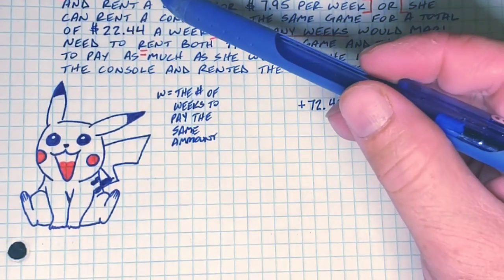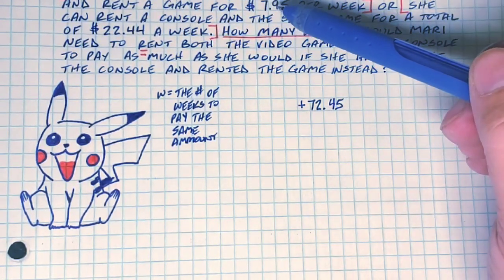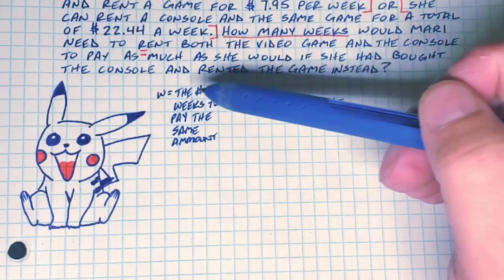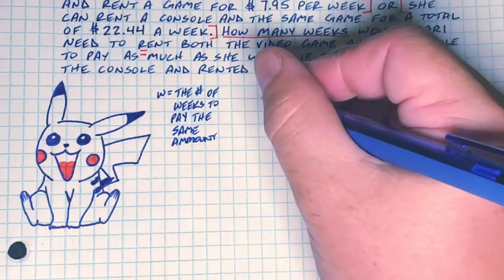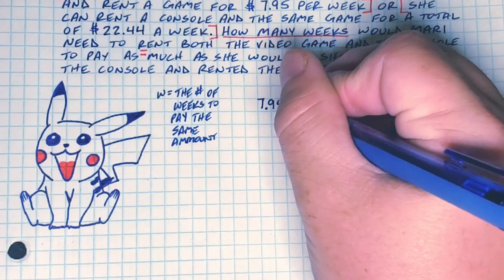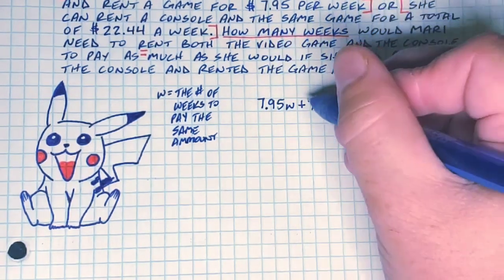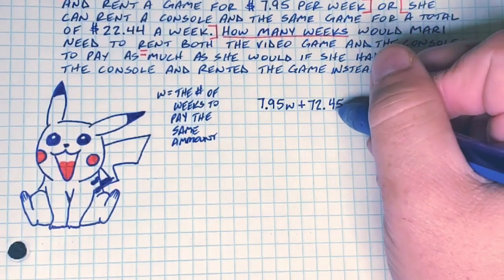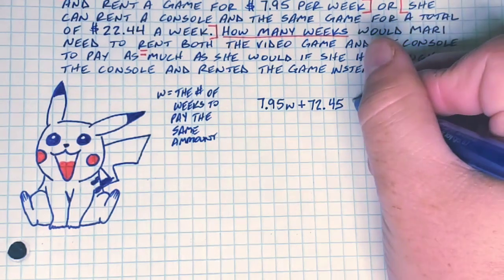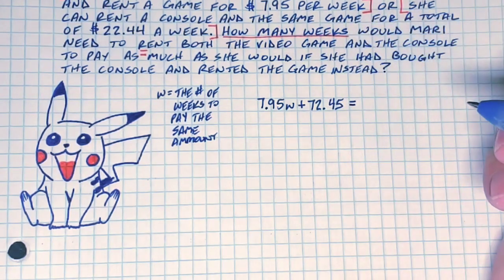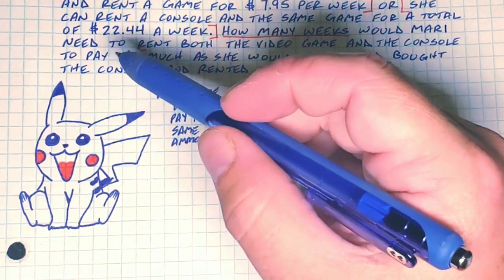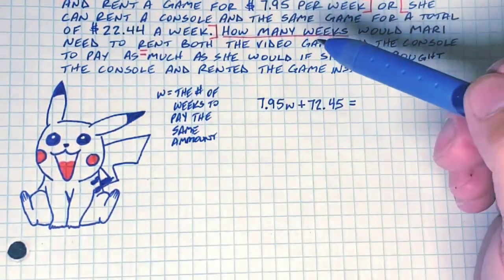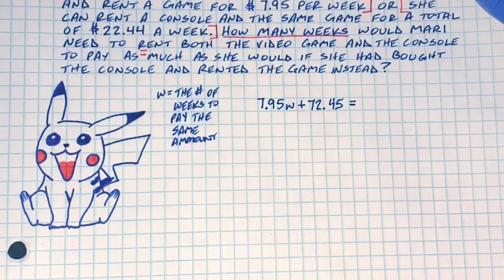All right, and then to rent the game is $7.95 per week, so times W. So $7.95 W plus the console. We want to know, when does that equal, when does she pay as much, the same amount, for renting both?